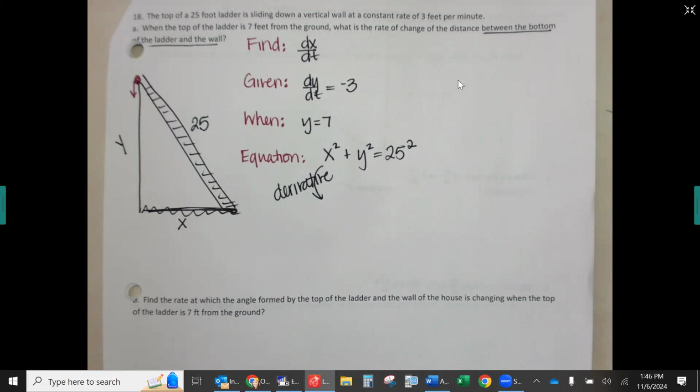Okay, that's right. Just replace it. Yes, that's what it's supposed to be.